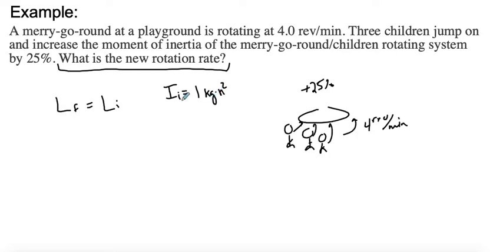We made our lives quite a bit easier by saying that's 1, because we know it increased by 25%, so the final moment of inertia is going to be 1.25, because 25% would be 0.25, so I'm adding 0.25 to it. So I have 1.25 kilograms times meters squared for my final moment of inertia.